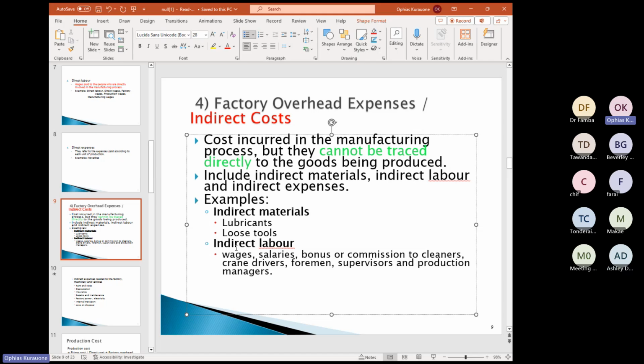So we call it indirect labor: the wages of the supervisor, the production manager, the foreman, the crane drivers. All these are not directly involved in the production of goods, and they cannot be traced directly to the goods being produced at that particular time. That's why they are indirect labor.